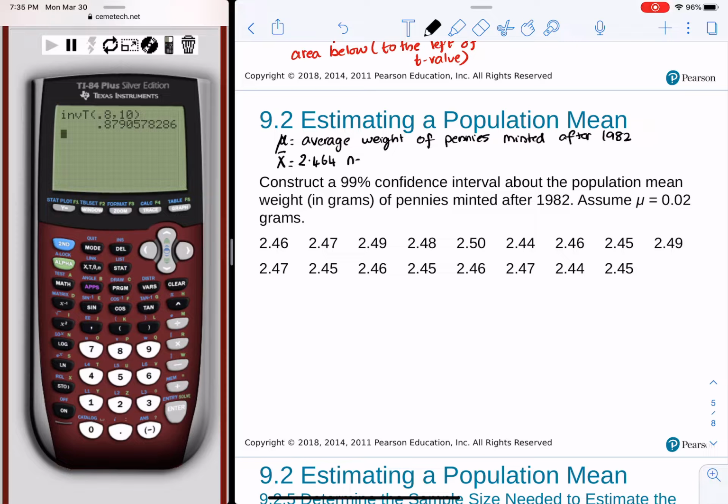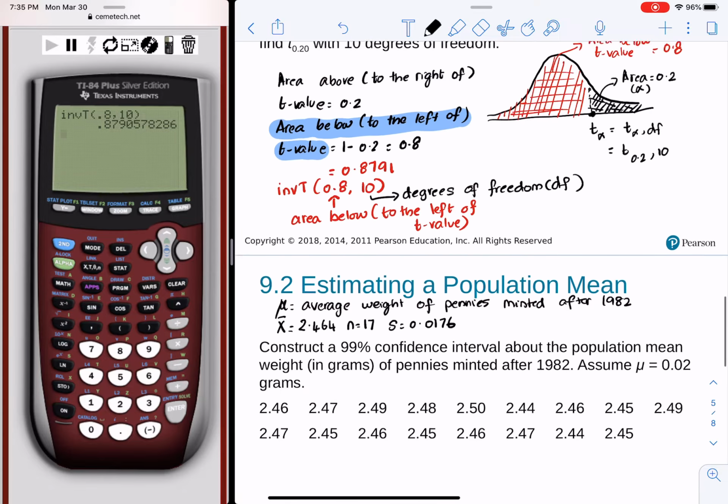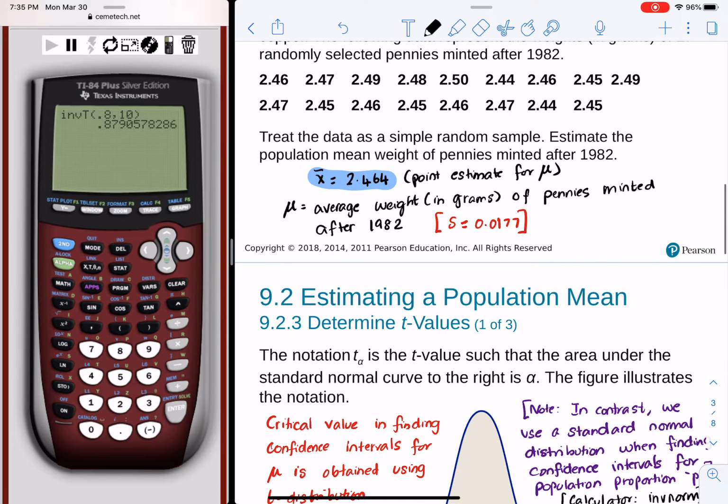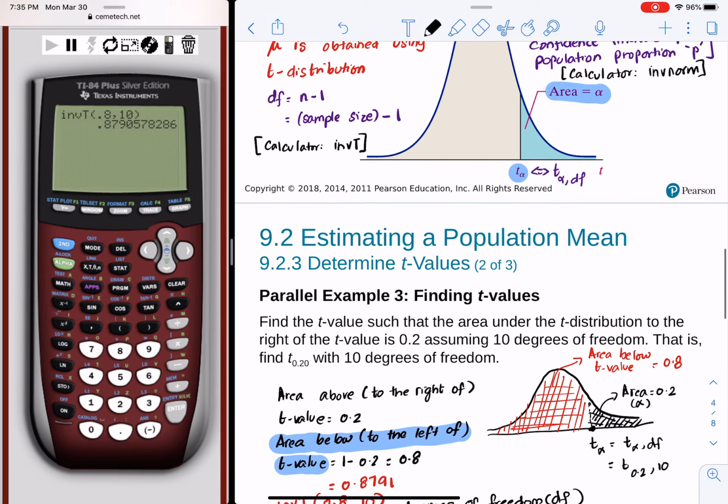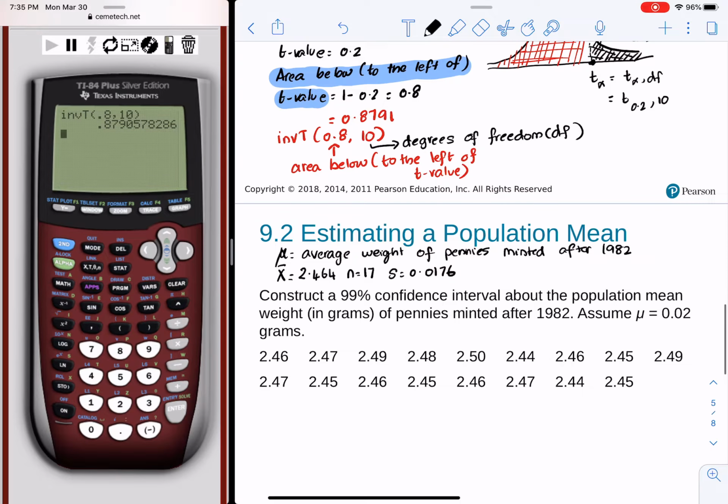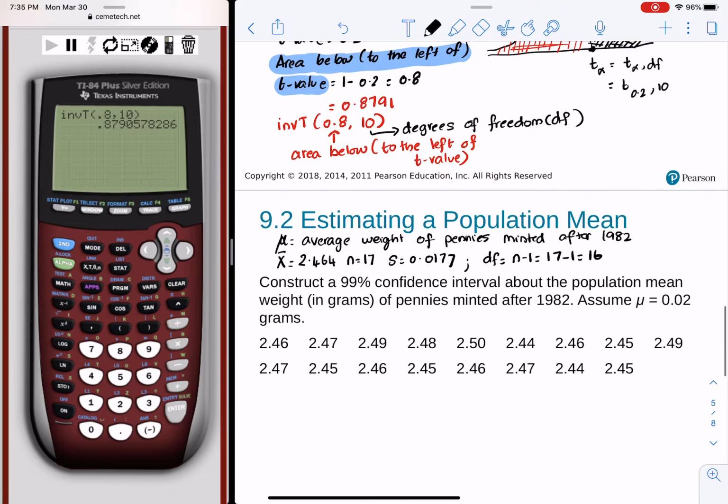The value of n is 17, and the standard deviation was 0.0176, which is why I wrote 0.0177 after rounding. Since the sample size is 17, the degrees of freedom is n minus 1, which would be 17 minus 1. We end up getting 16.